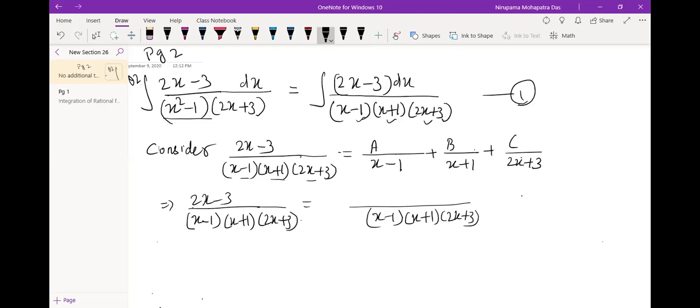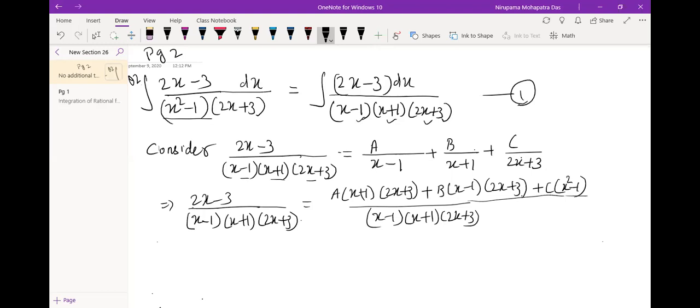Now a into x plus 1 into 2x plus 3, b into x minus 1 into 2x plus 3, plus c into x minus 1 into x plus 1, means x square minus 1.